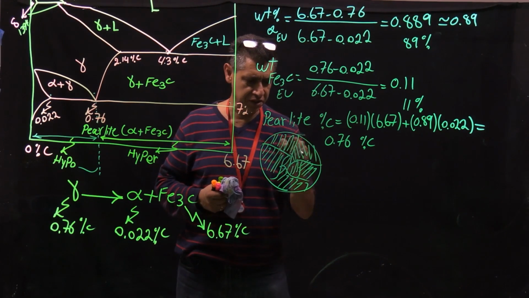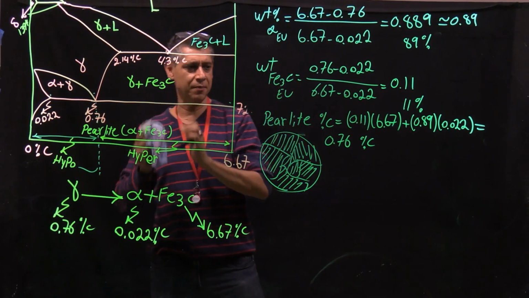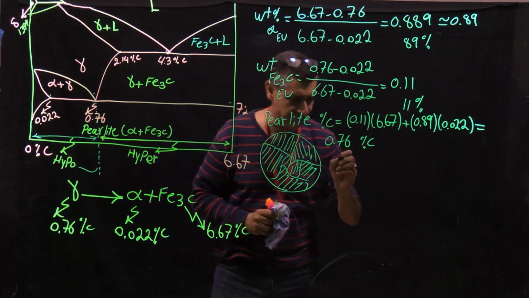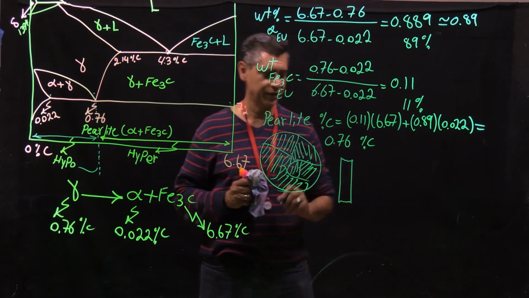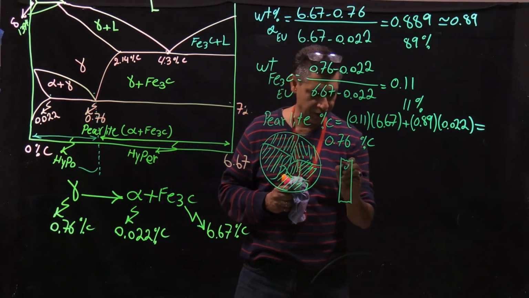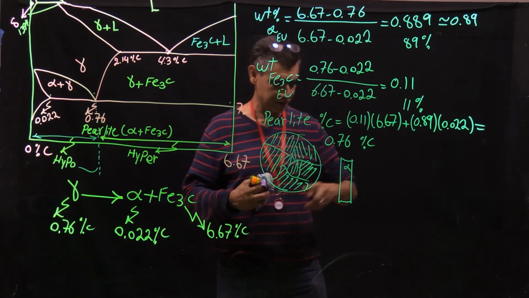Each of these has layer by layer, ferrite one layer, cementite one layer. If I magnify that, it looks like one layer of ferrite, and then you have two tiny layers of cementite.